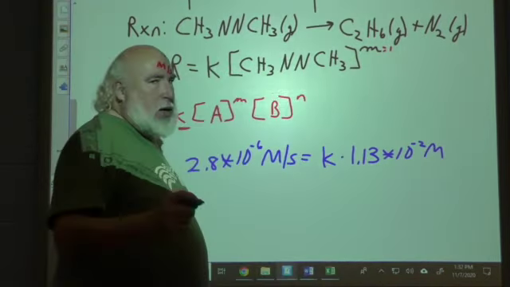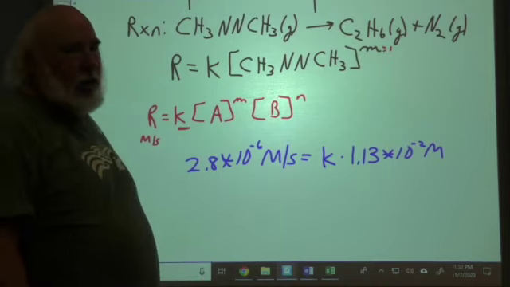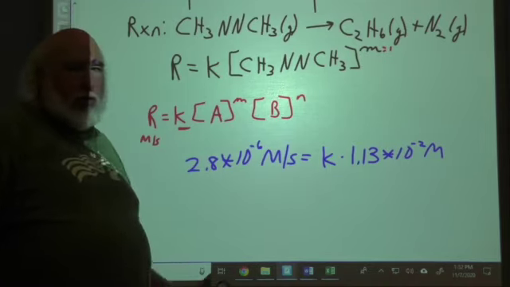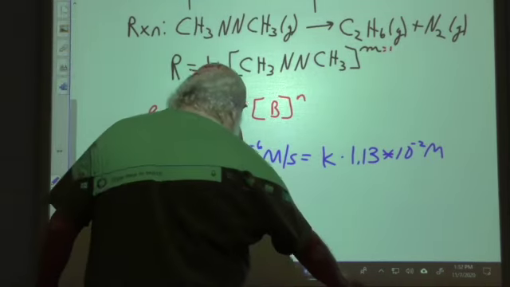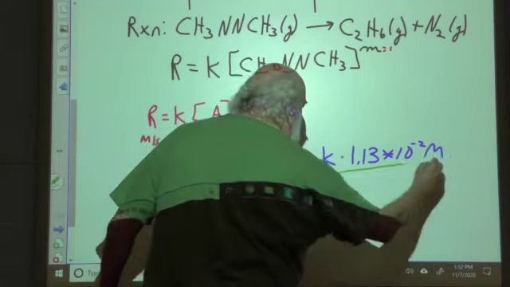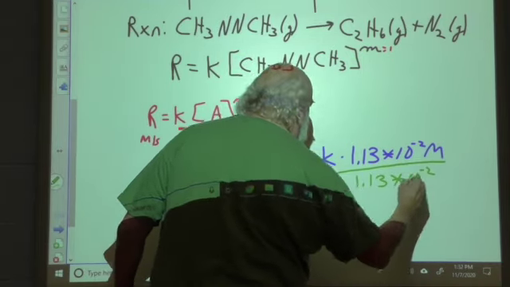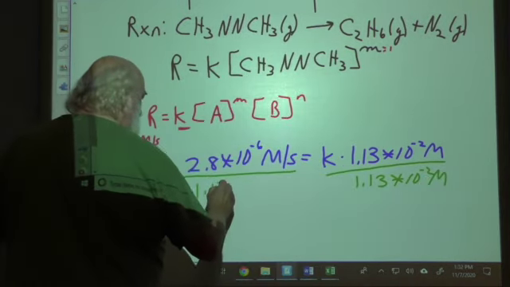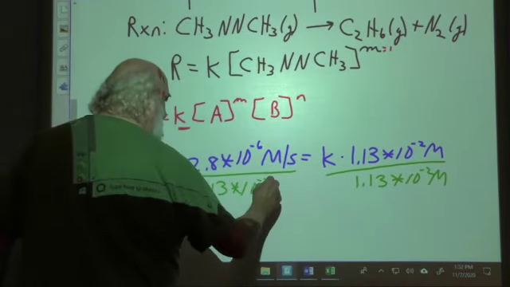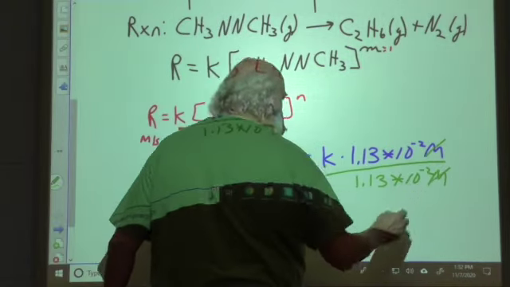And it's really important to include the labels in these equations so that you can see how K's label is going to be determined. So now, we're going to divide both sides by 1.13 times 10 to the negative 2 moles per liter. You see the moles per liter are going to cancel out here.